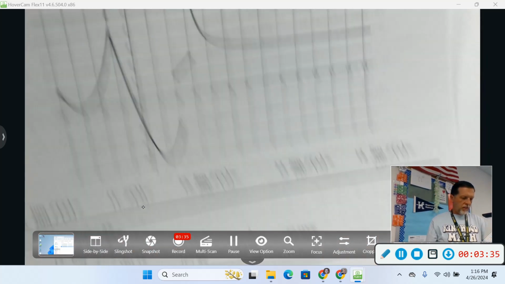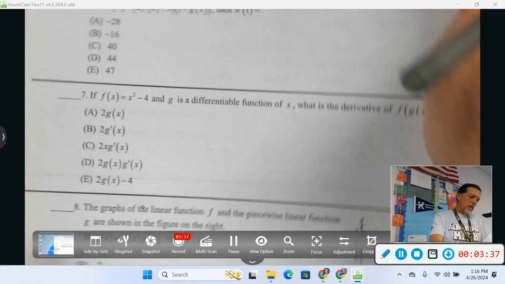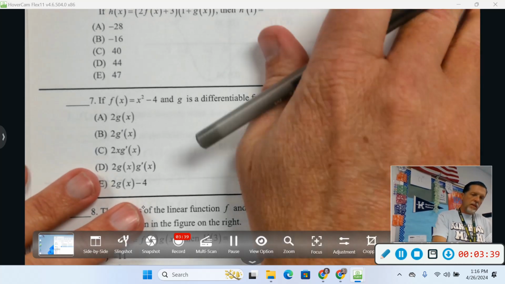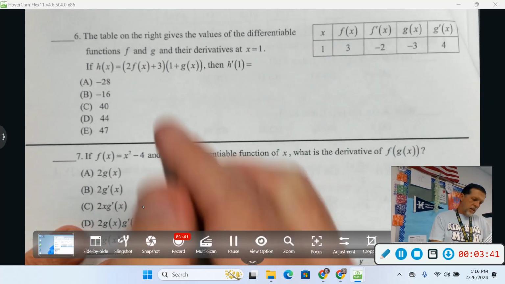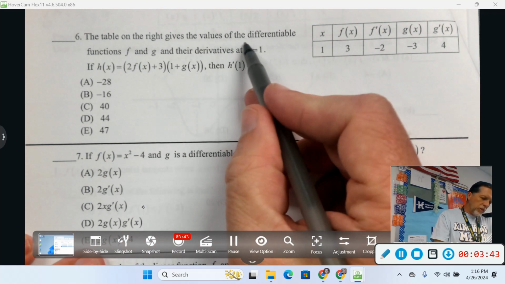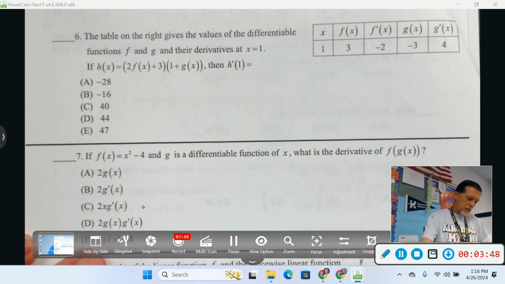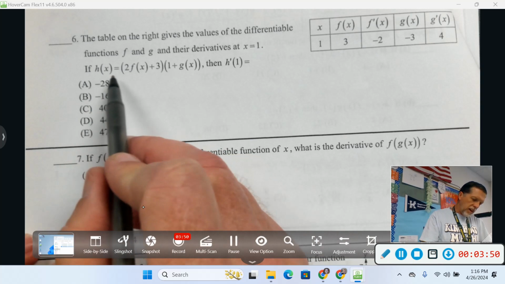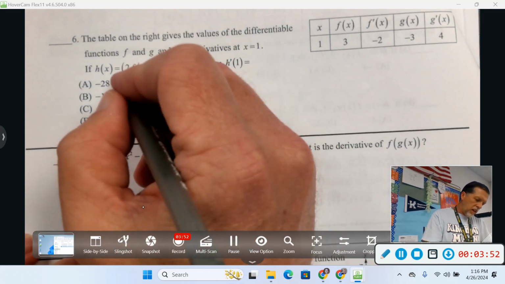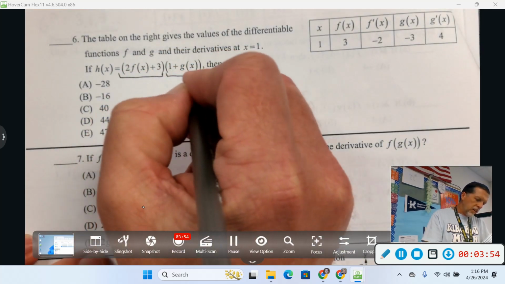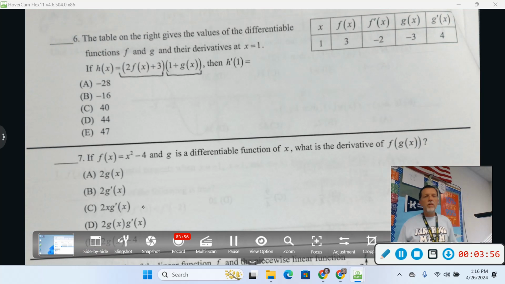Number 6. Ooh, a table problem. Table on the right gives values for the differentiable functions f and g and their derivatives at 1. Let's find this thing. Oh, what rule does this look like?